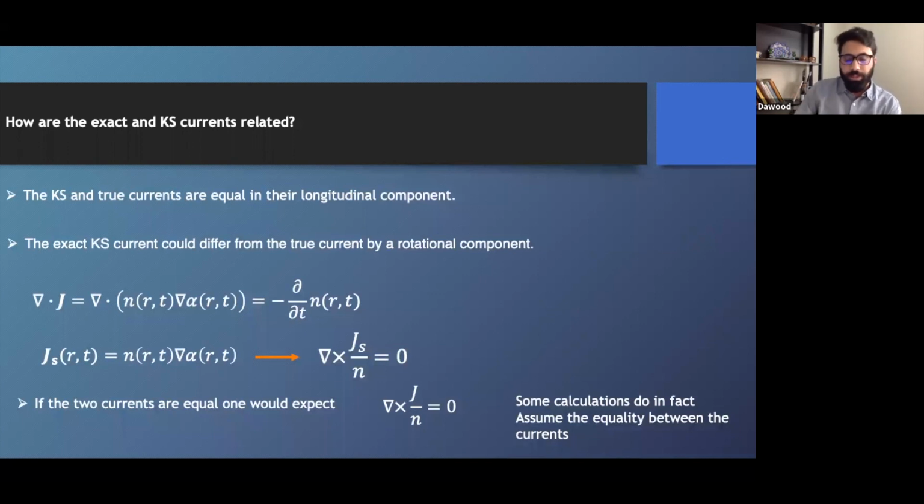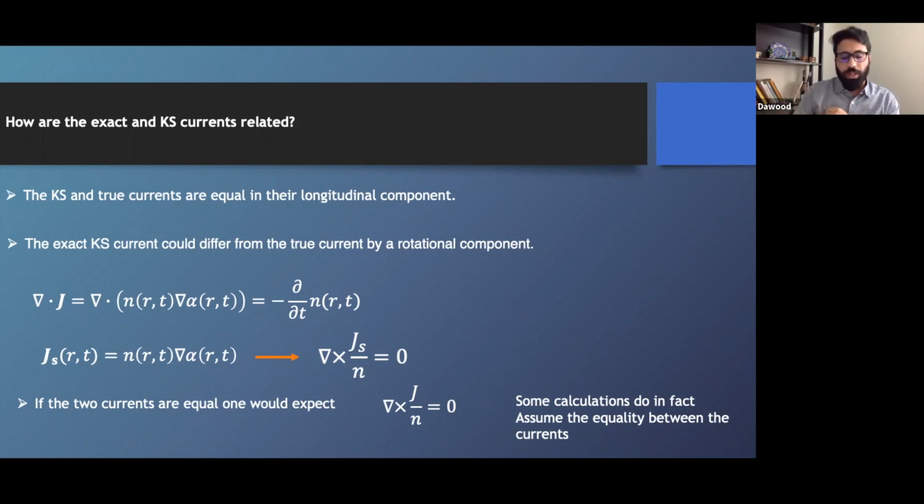But how large the difference is for realistic systems is not usually known. The first thing to notice is that the longitudinal component of the two currents is the same, thanks to the equation of continuity. But it only tells us part of the story. It only gives us the longitudinal component. It doesn't tell us anything about the rotational component.